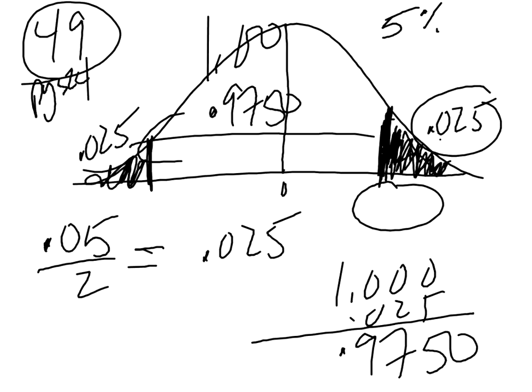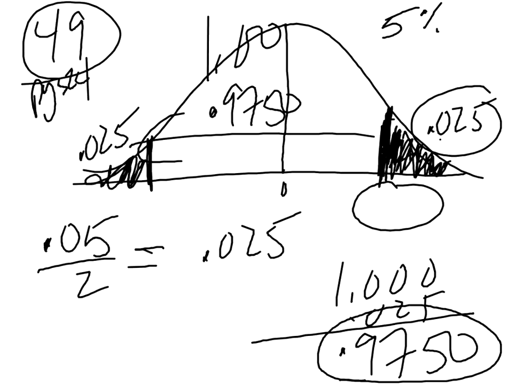So here's what we can do. We can go into our tables and find the z-value that associates with 0.9750. That z-value will then represent the area of 0.025, and then, as I said, we'll take its opposite for the left tail.